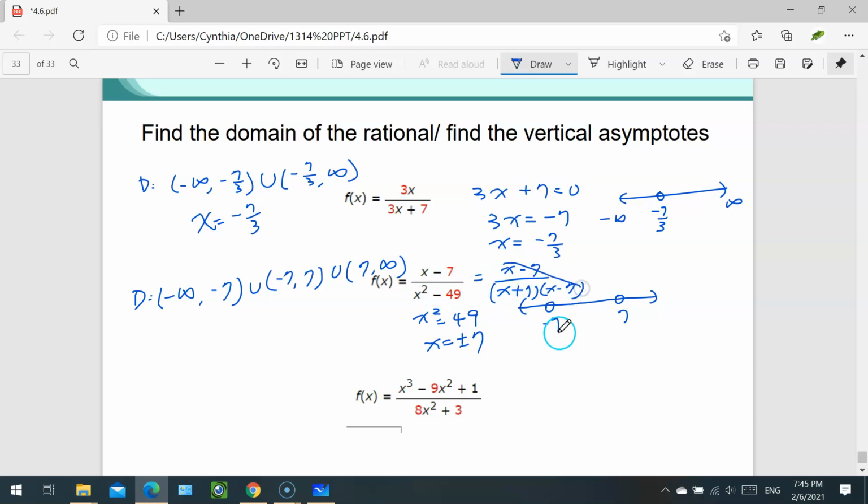Now x minus 7 over x minus 7 reduce. So the only term you have now is 1 over x plus 7. From here, we can find the vertical asymptote. The vertical asymptote is at x equals negative 7. So this is the vertical asymptote, x equals negative 7.